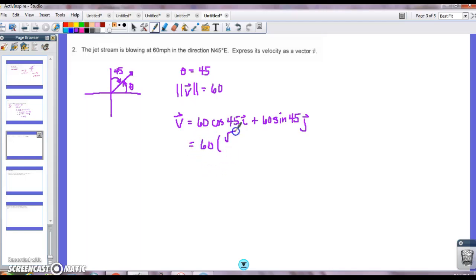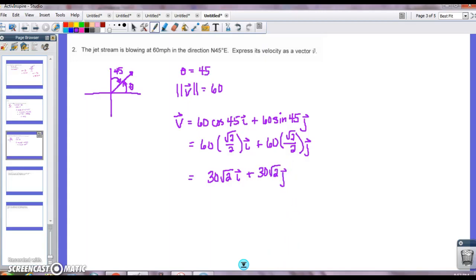That would be 60 root 2 over 2 i plus 60 root 2 over 2 j, and then that would give me 30 root 2 i plus 30 root 2 j.